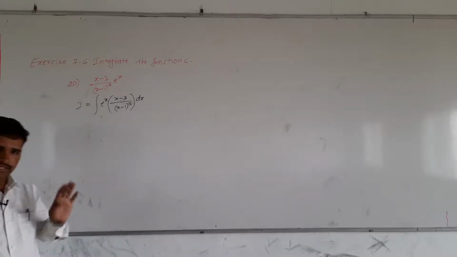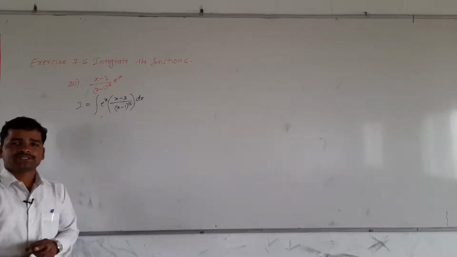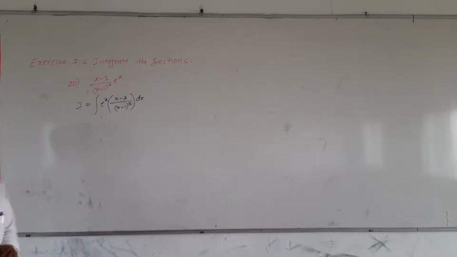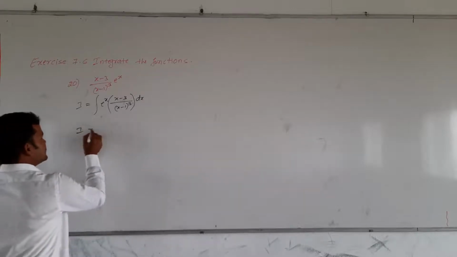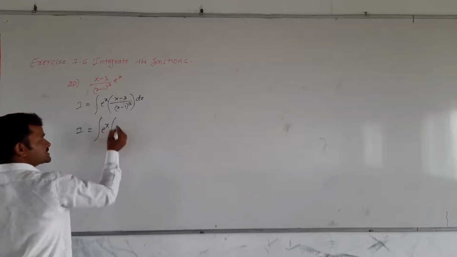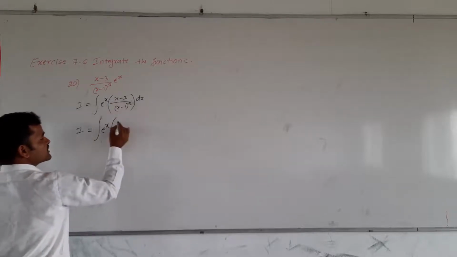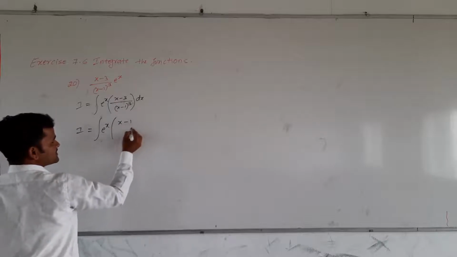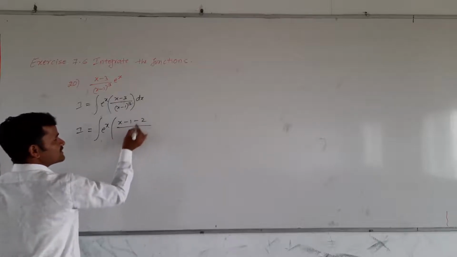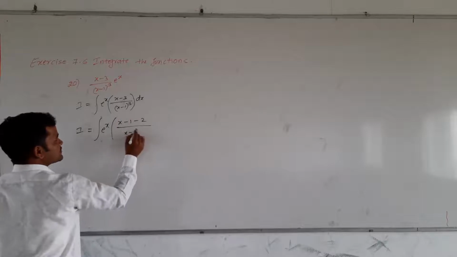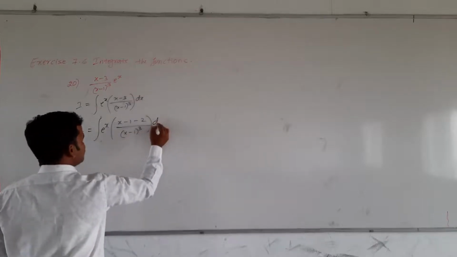We need to have the form here e raised to x into f of x plus f dash of x. So, what we do? I is equal to the integration of e raised to x into, here x minus 1 is there in the denominator. In the same way here also I can write this as x minus 1 minus 2, that is nothing but minus 3, again x minus 1 whole cube into dx.